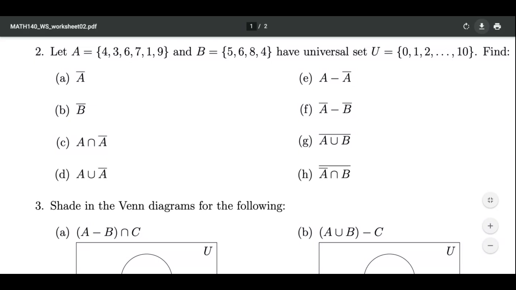Okay, so now the elements in A complement, but not in B complement. That means you just do A complement subtract the intersection of A complement with B complement.